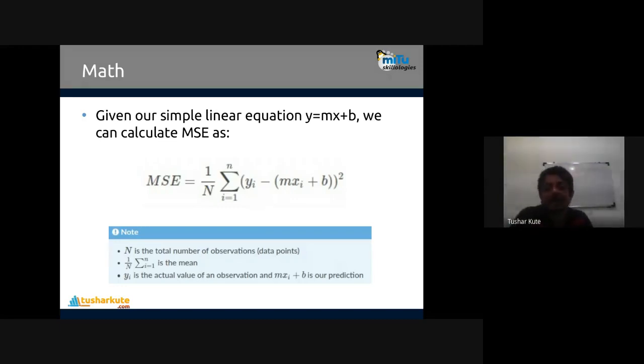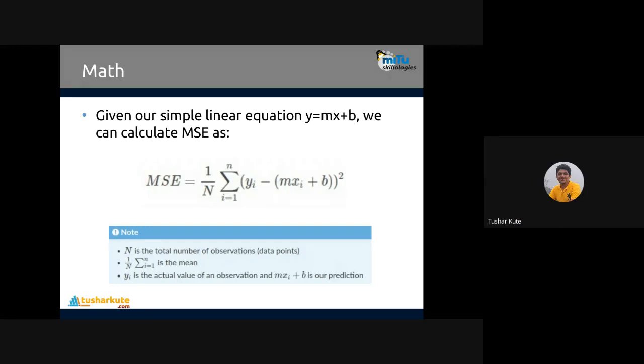So yi minus the predicted value, squared, and the summation of all of them divided by the total number of observations. You can see here, 1/n times the summation from i = 1 to n is the mean. yi is the actual value, and mxi + b is our prediction.